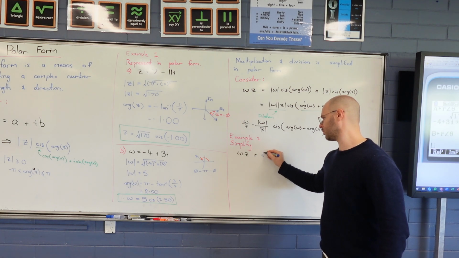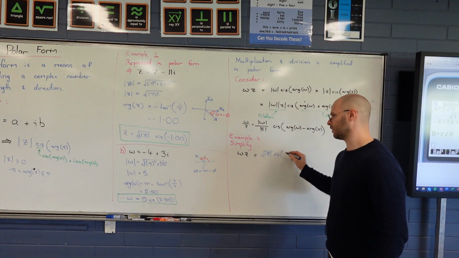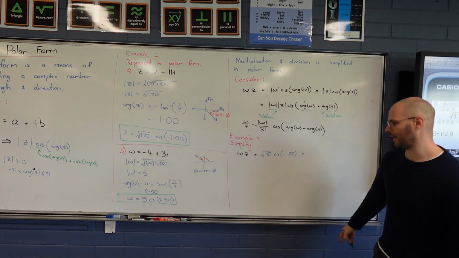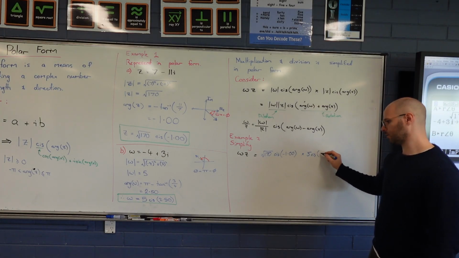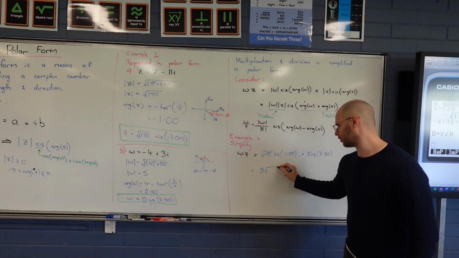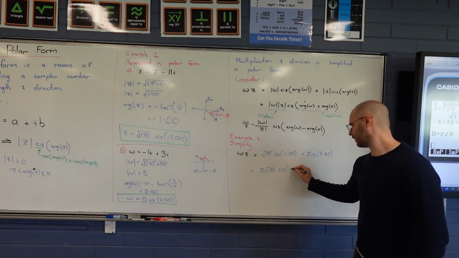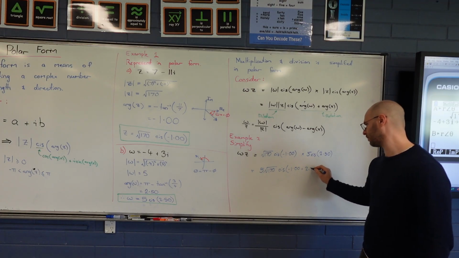It's going to be root 170 cis negative 1.00, multiplied by omega, which is 5 cis 2.5. Apply the formula. It's 5 root 170 cis of negative 1.00 plus 2.5.